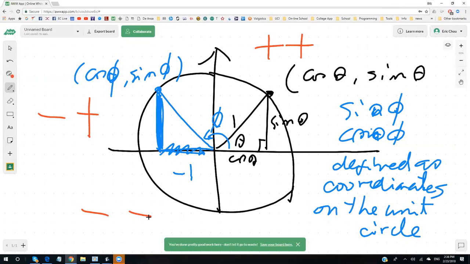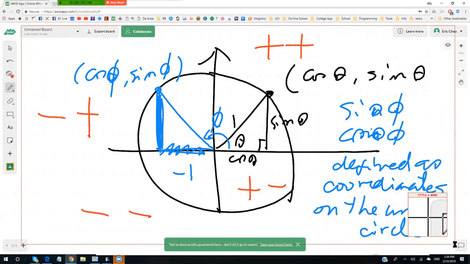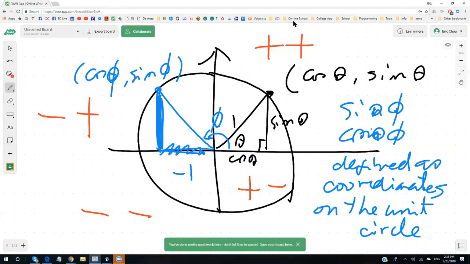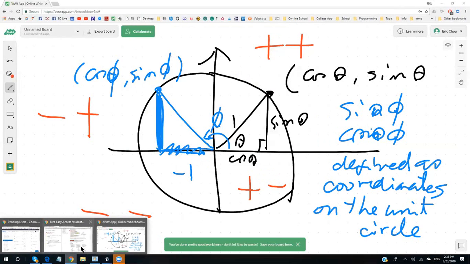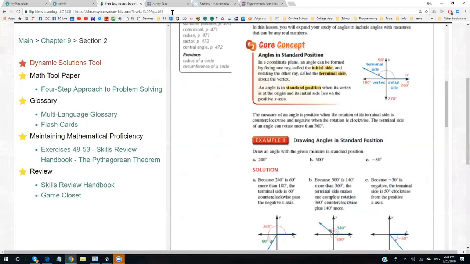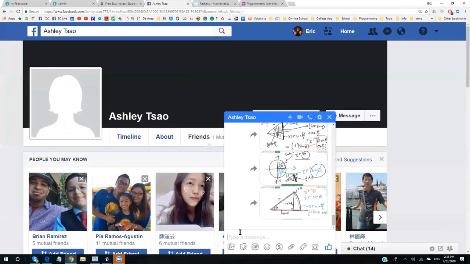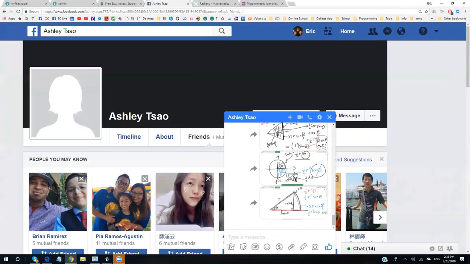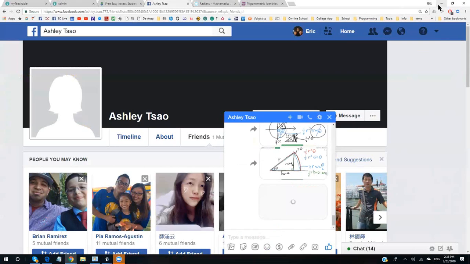Third quadrant, minus, minus. Fourth quadrant, plus, minus. Okay, that's the definition for trigonometry, the sine and cosine. If the angle is more than 90 degrees or less than 0, all of them have a definition. As long as you know what quadrant it is, there is a definition for that.